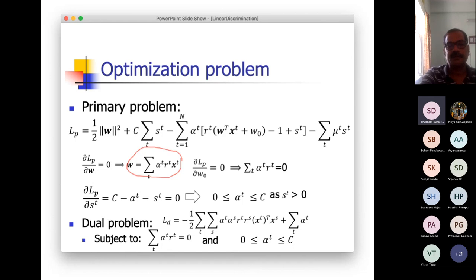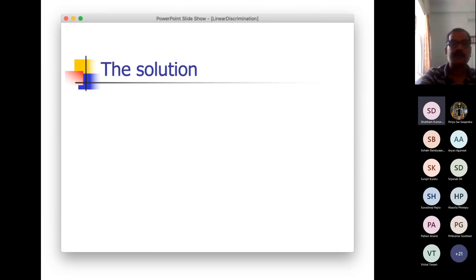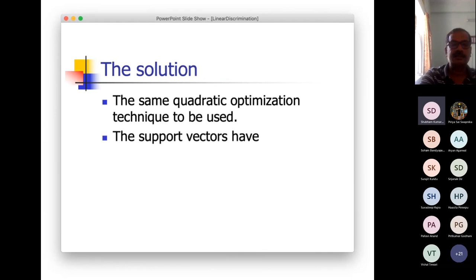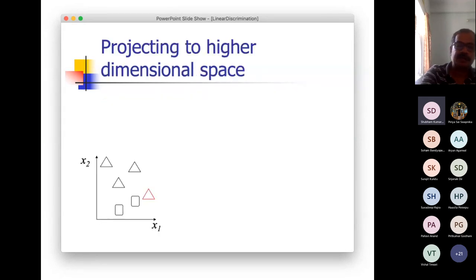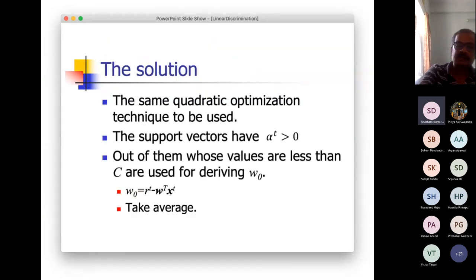That means normal to the hyperplane. And for the bias, once again, we'll follow the same methodology. That means we'll find out the support vectors, and then for those support vectors for which alpha t is greater than 0, we'll compute the bias and we'll take the average.